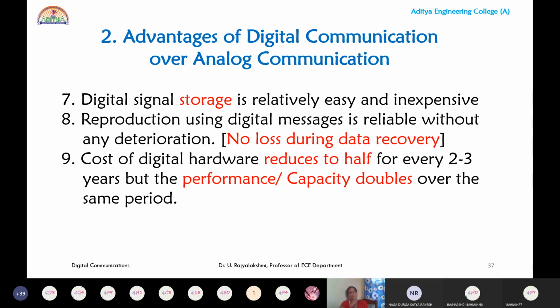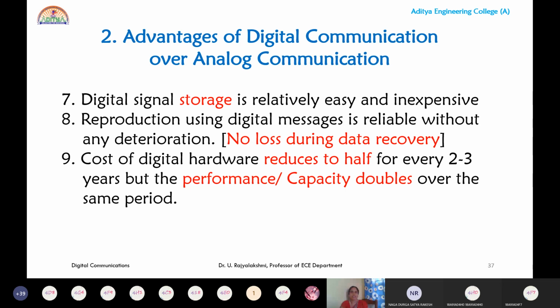Over the past decades, the cost of digital hardware has gradually reduced. For example, every 2 to 3 years, the cost reduces to half, but its performance doubles. That is the advantage of digital systems over analog.